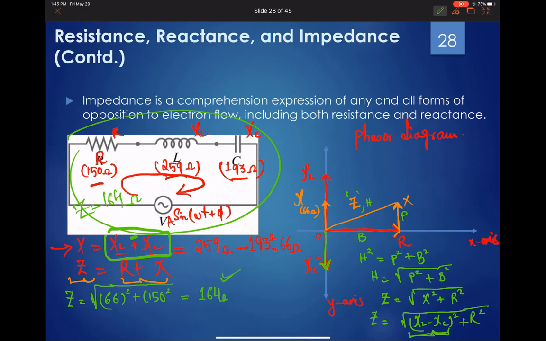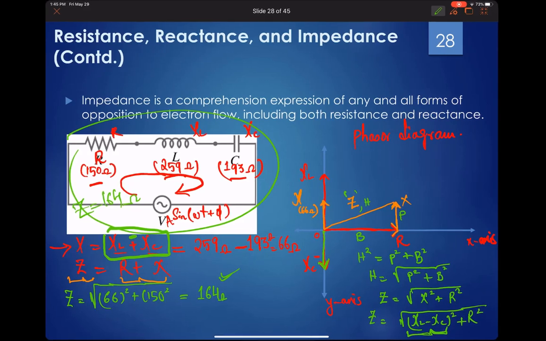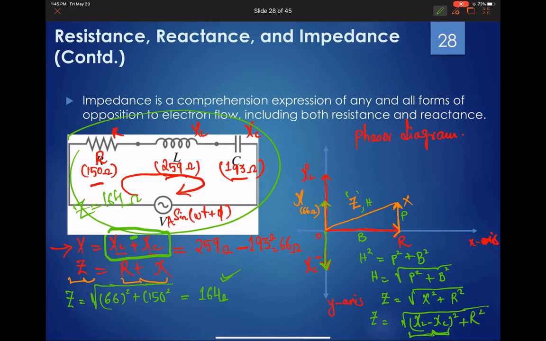The interesting thing is that because the reactance was on the positive y-axis, this circuit has a more inductive nature than a capacitive nature.